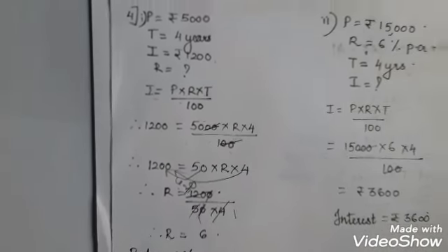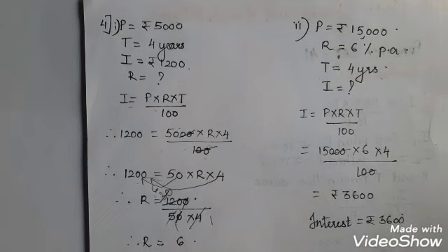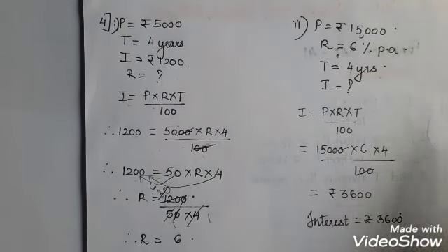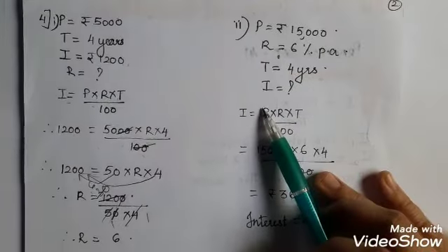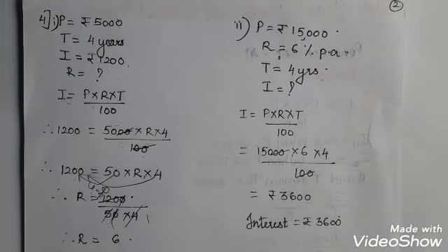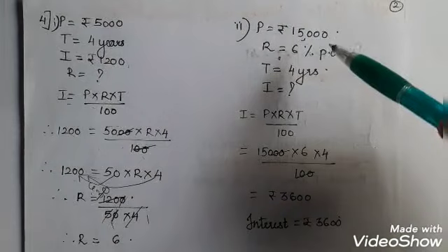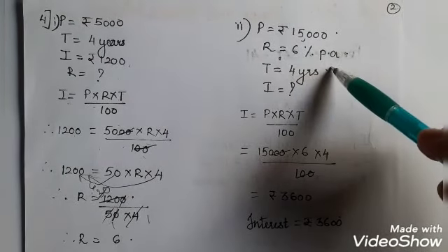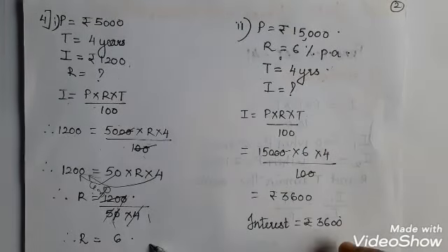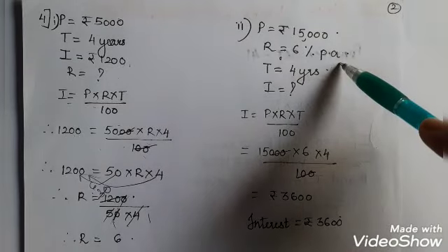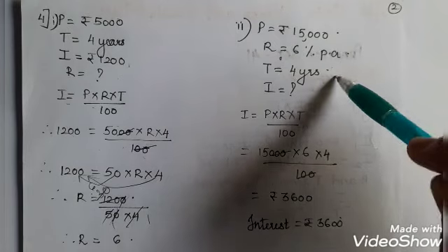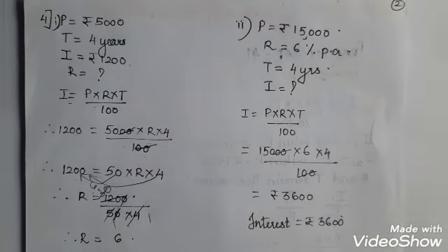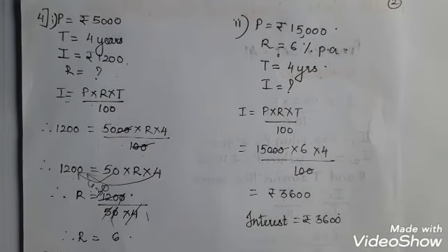Now we got the rate of interest as 6 PCPA. Now we will move to the second part of the question, where the principal is changed. The principal is given to us as 15,000 rupees. The rate and the time remain the same. The rate is 6 PCPA, right? And the time is 4 years. And we have to find the interest.